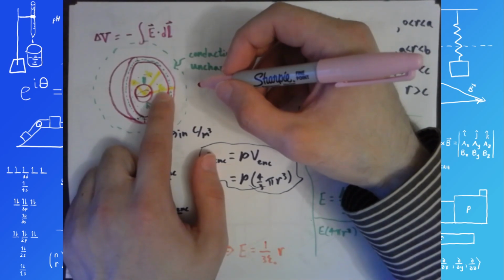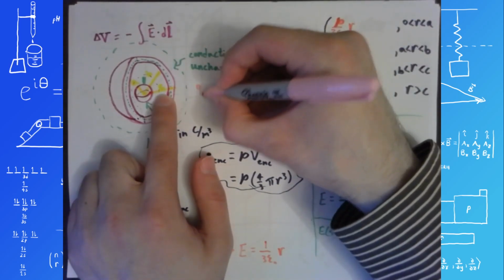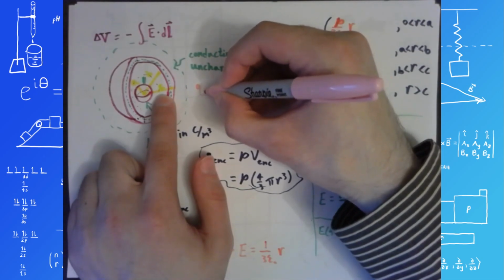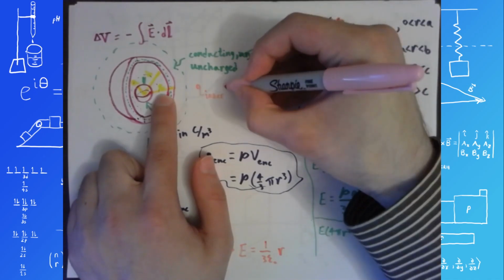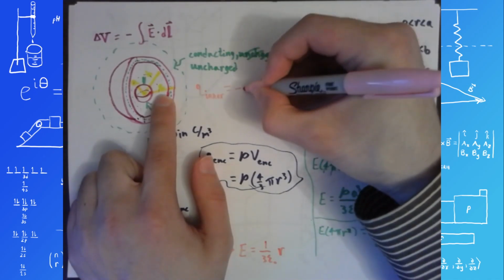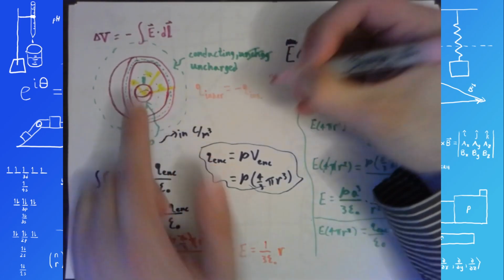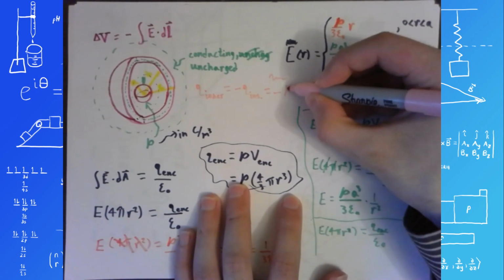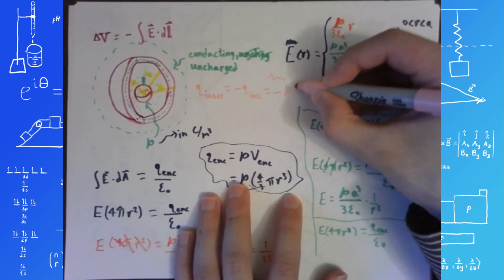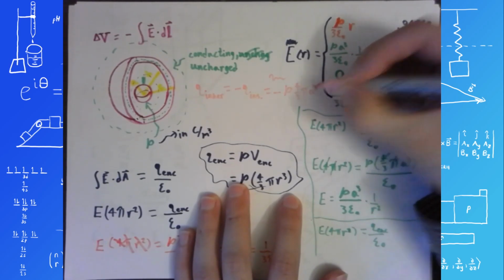The charge on the inner surface of the conductor would have to be, I'll call it Q inner, has to be equal to negative Q insulator, which equals negative rho times 4/3 pi a cubed.